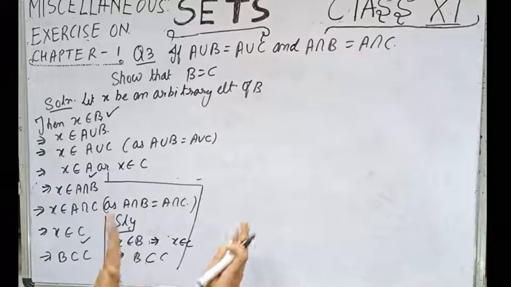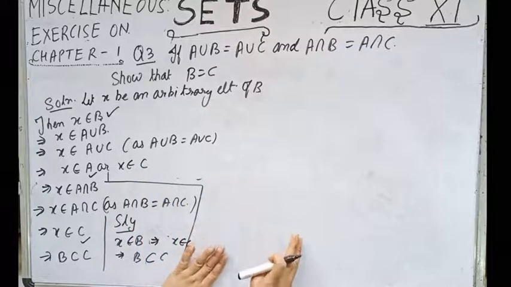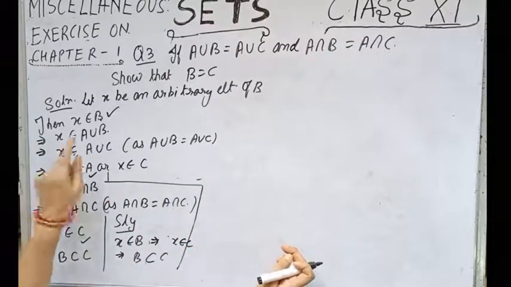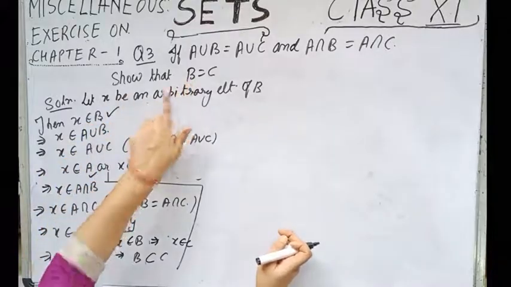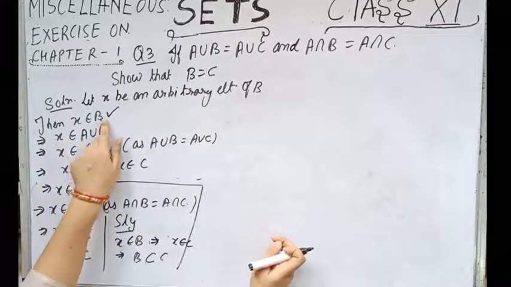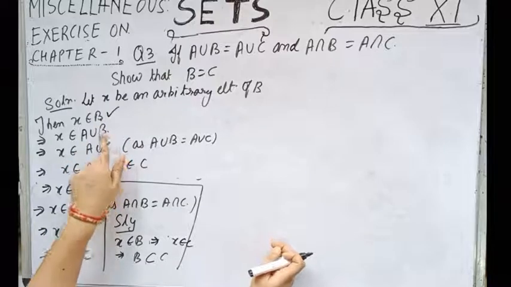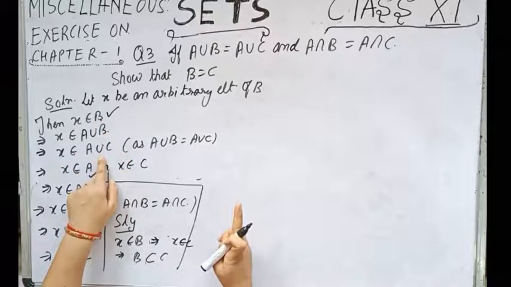I think children you understand, because space is less, I have to complete the whole solution on one board only. What I did: I started by supposing an element in the first set, X belongs to B. If it belongs to B, it will obviously belong to the union. Now A union B is equal to A union C, it is given.